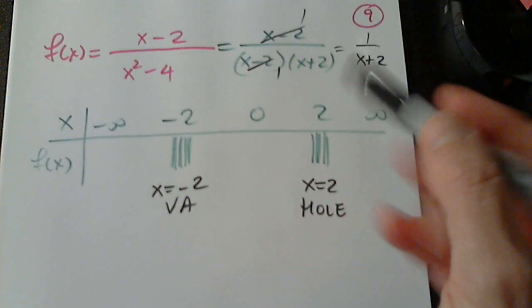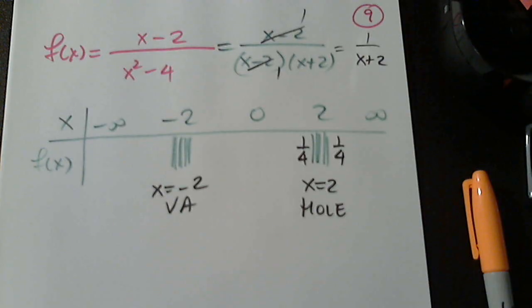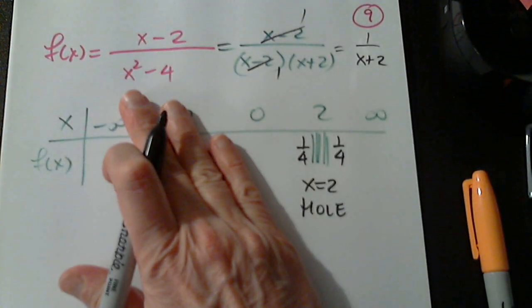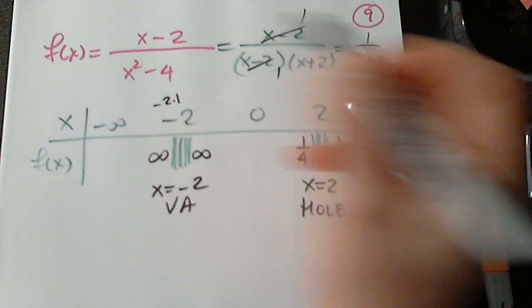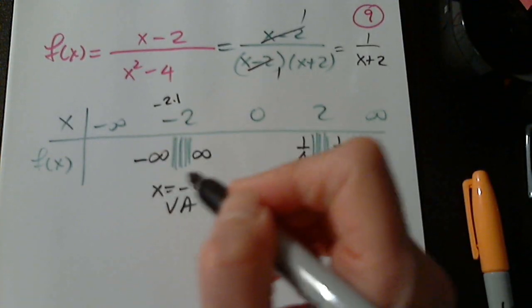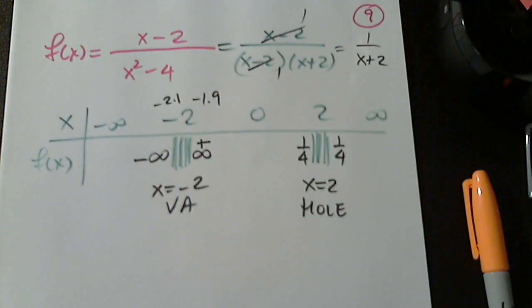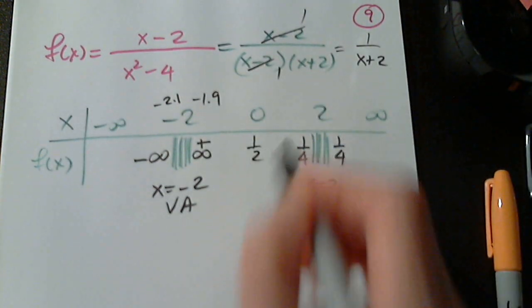When I plug in 2 here, I get 1/4 on both sides, mandatory. Here, I have to have infinities, but I need to find the sign. And when I plug in negative 2.1, I get negative. When I plug in negative 1.9, I get positive. Then I will plug in 0, and I get 1/2.